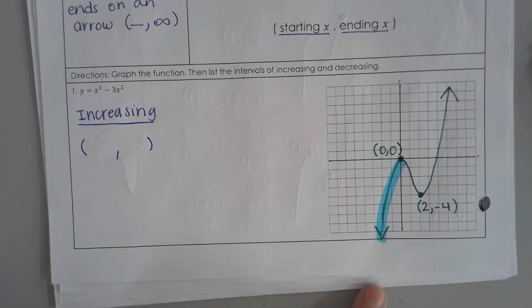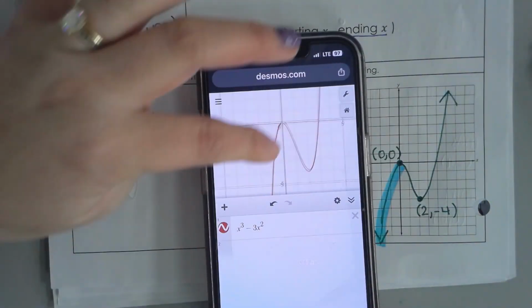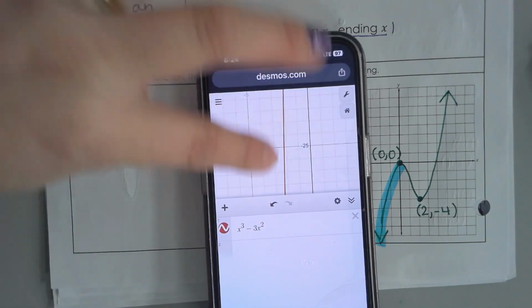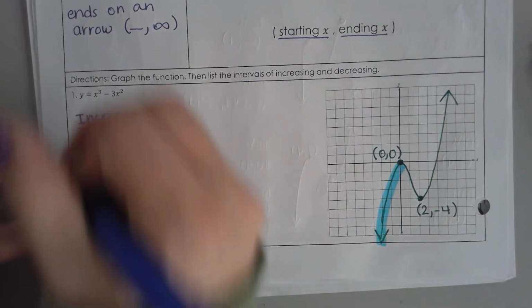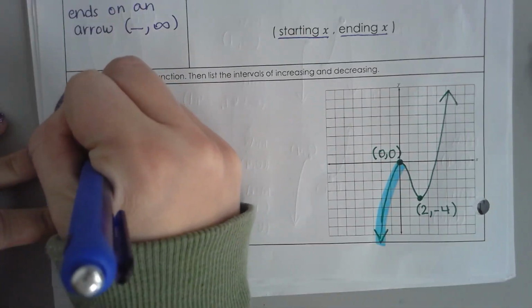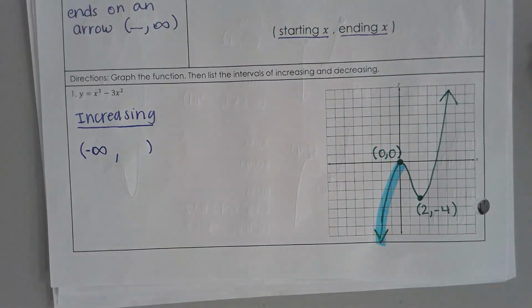If we actually pull this up on Desmos, I'd be like, okay, where do you start? Oh, you're going to keep going forever. So it starts on negative infinity. Now here, you have to be careful because it is pointing down, but it's also pointing to the left. The left is what we care about.